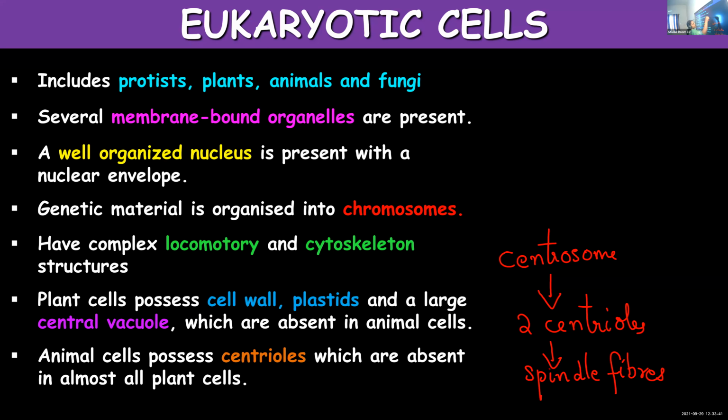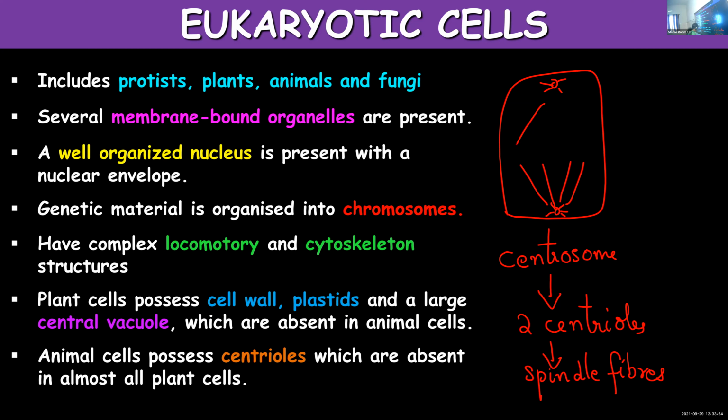Suppose this is a cell. When cell division has to take place, these centrioles will move towards the opposite poles and produce spindle fibers, and the chromosomes will be arranged with the help of these spindle fibers.